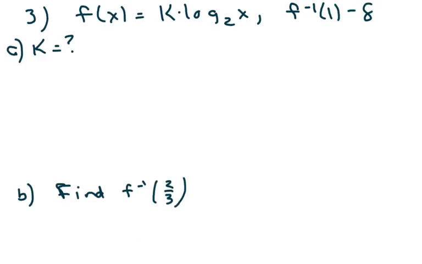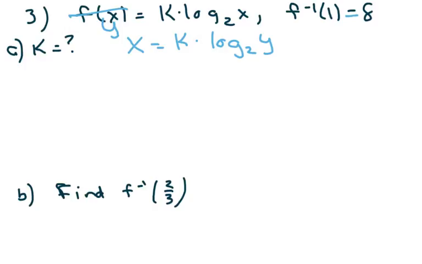Okay. Now, this next one, number 3, they're saying that if f inverse of 1 equals 8, find k. So the first thing I'm going to do is write this as a y and switch the x and the y. So I get x equals k times log base 2 of y.